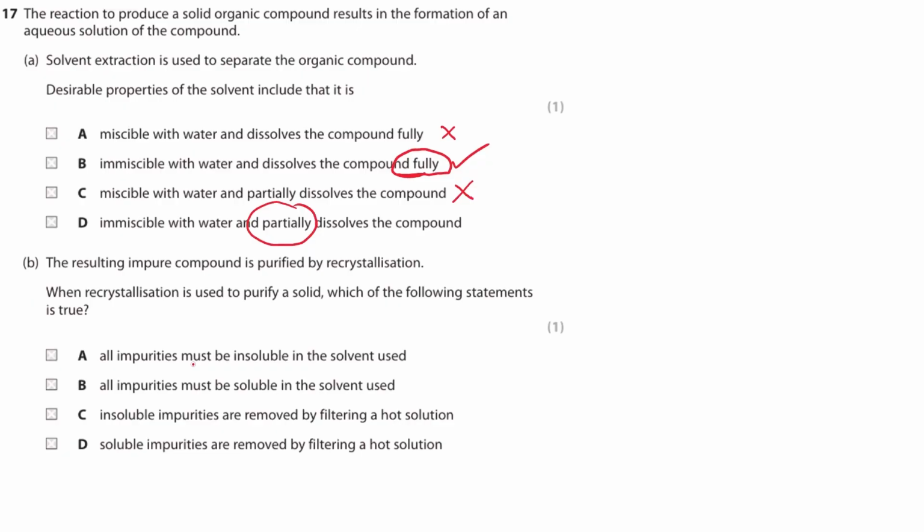Now they are asking for the most suitable answer, right? B is not the 100% scientifically accurate answer because you can't find any solvent where all the non-polar organic compound will end up, but we want almost all. So we can use this word fully. Therefore the most suitable answer for question number 17A is B.